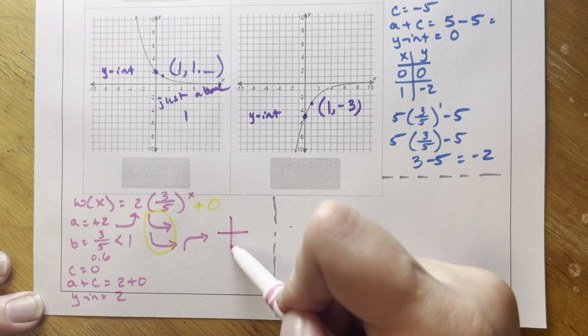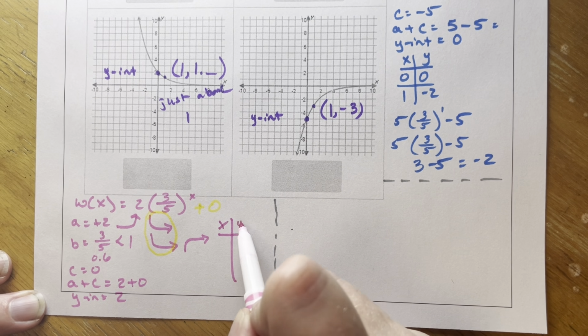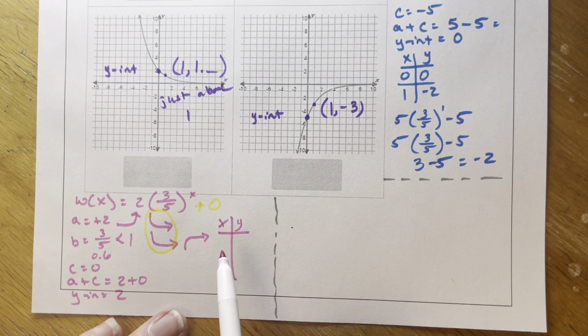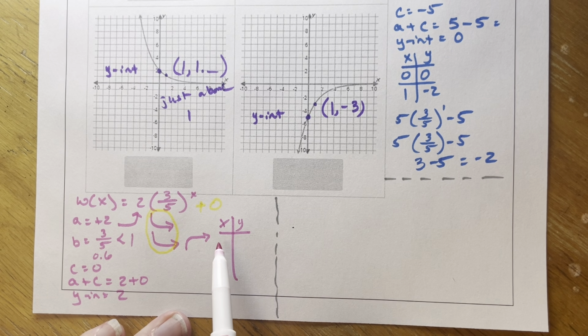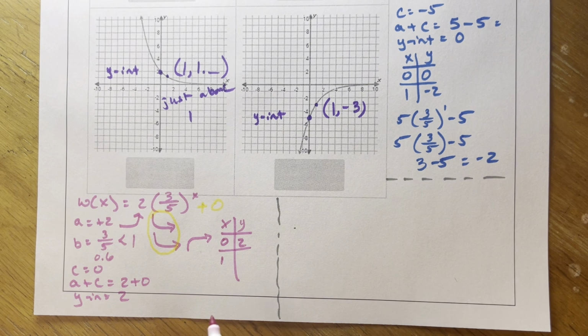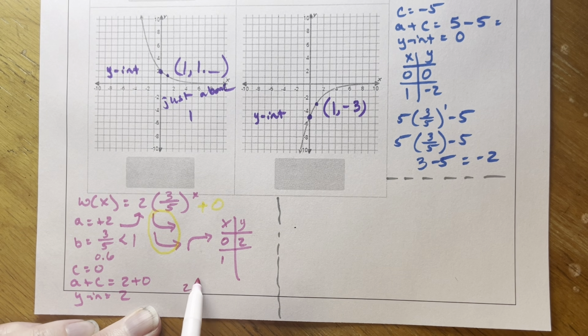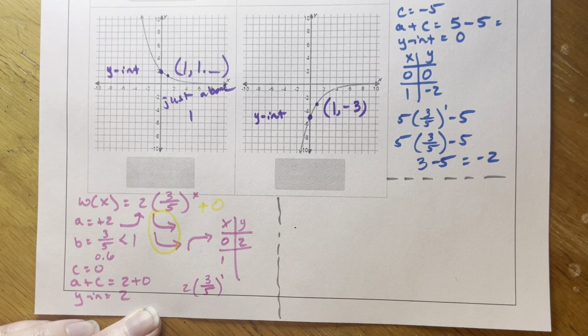Let's go look at our table very quickly. So t-table of x and y. So the y-intercept, when x is 0, y is 2. And let's see what happens when x is equal to 1. So 2 times 3/5 to the first power. So 3/5 to the first power is just 3/5. 2 times 3/5 is 6/5.